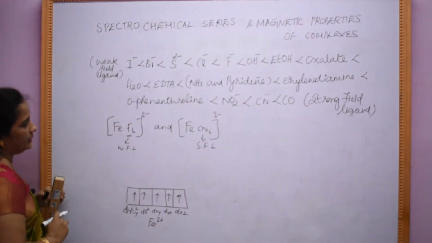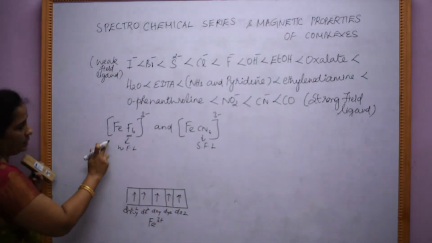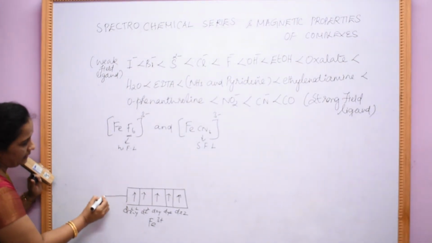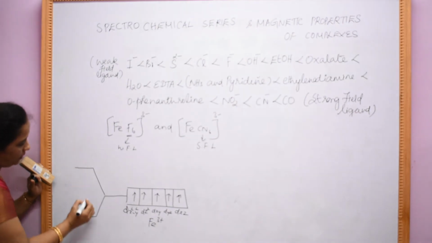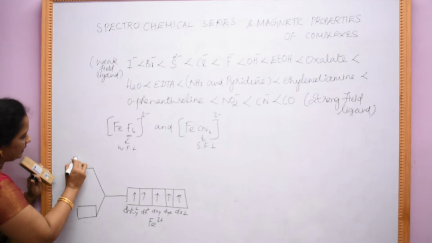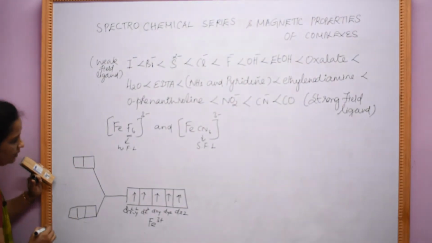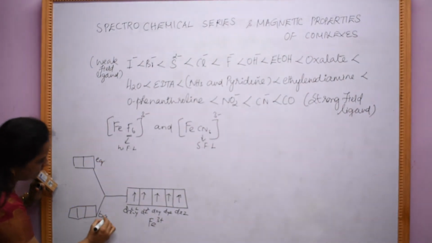So let us consider the splitting pattern in the weak field and the strong field ligand. Under the influence of the weak field ligand, we have already seen that the splitting energy is very less. So this is your Eg set of orbitals and this is your T2g set.